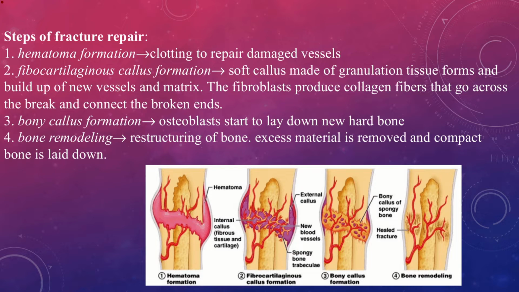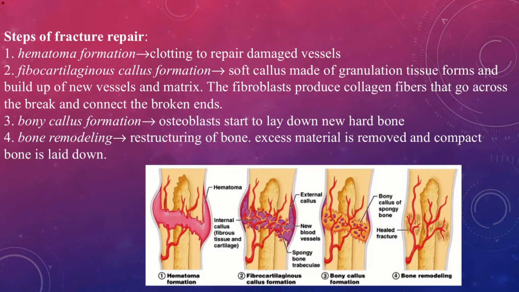Okay. So let's talk about fracture repair. So we talked about the different types of fracture, but what happens when the fracture is actually repairing itself? What actually happens? So there are 4 steps involved here as well. We have first a hematoma formation, which is clotting, a bruise, where you actually had the damage.